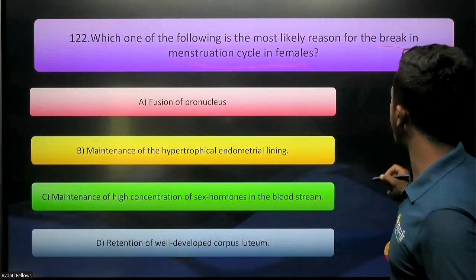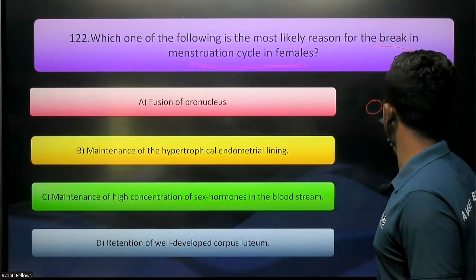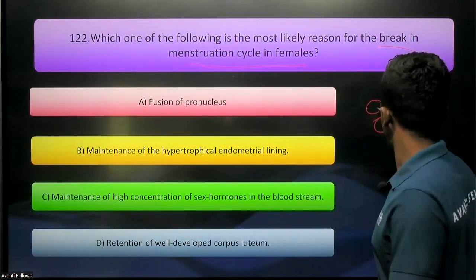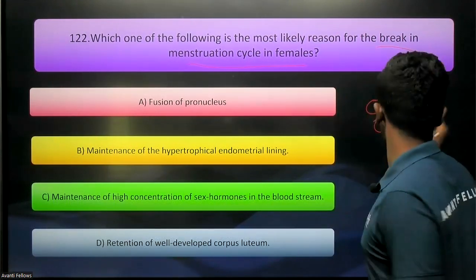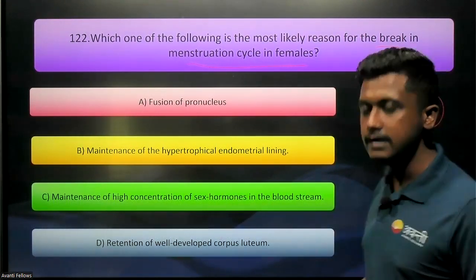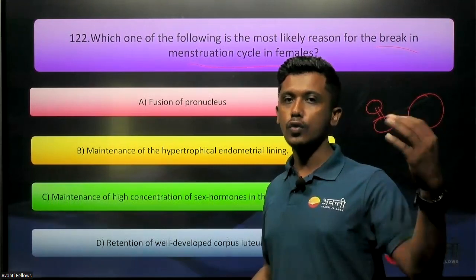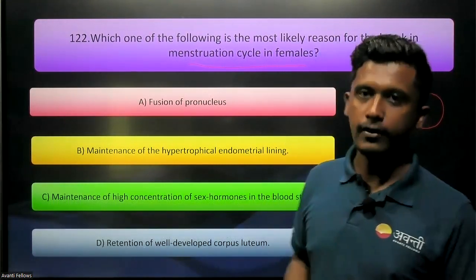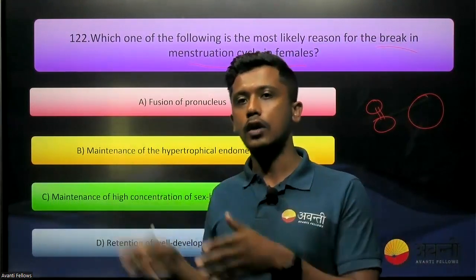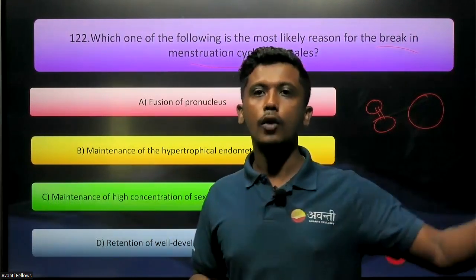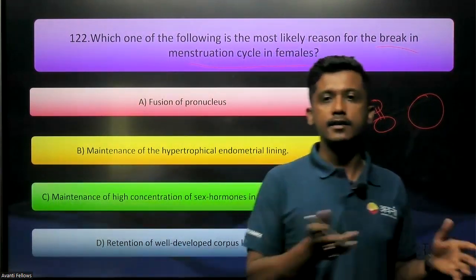If you see, what happens is the male pronucleus gets fused with the female pronucleus to finally fertilize and create a zygote. Now, once the single-cell zygote starts dividing into 2, 2 to 4, 4 to 8, which finally becomes a morula, it flows through the fallopian tube during this journey and enters the uterus.